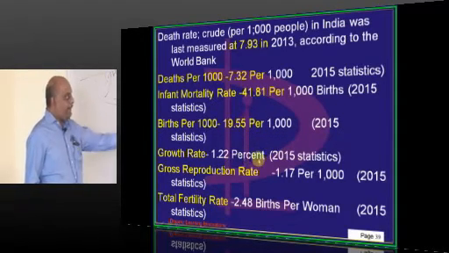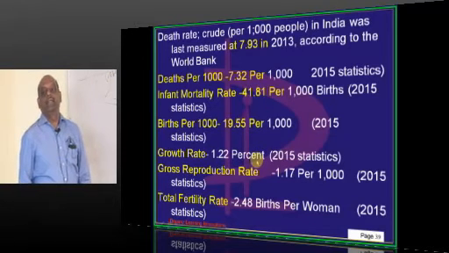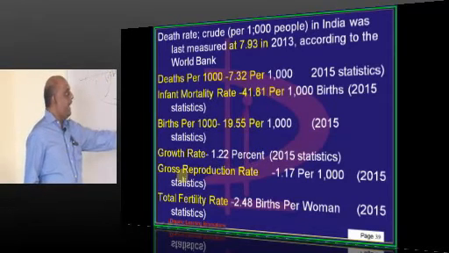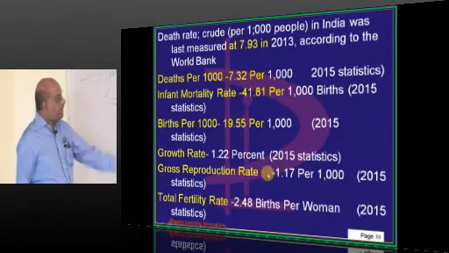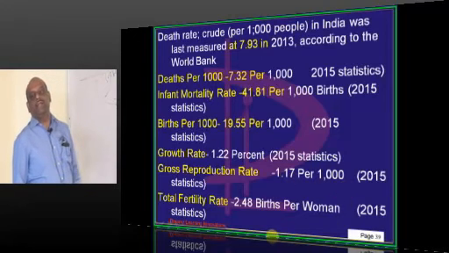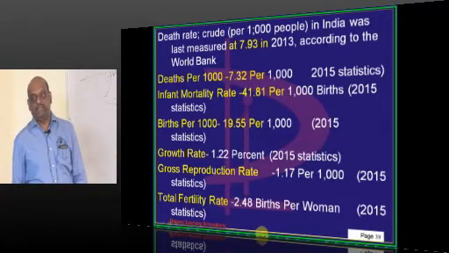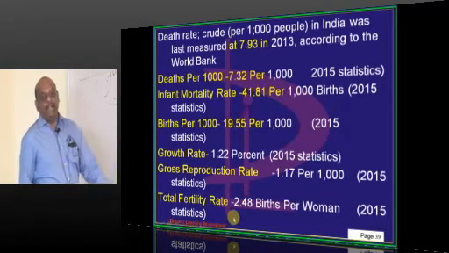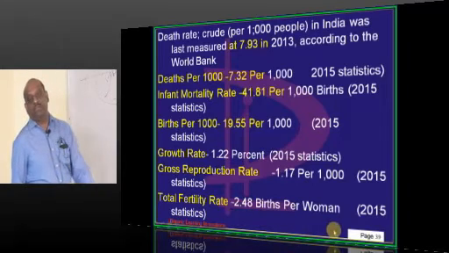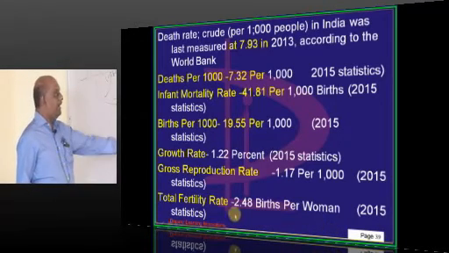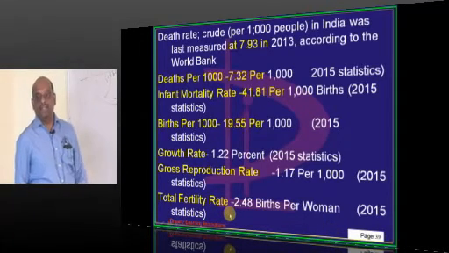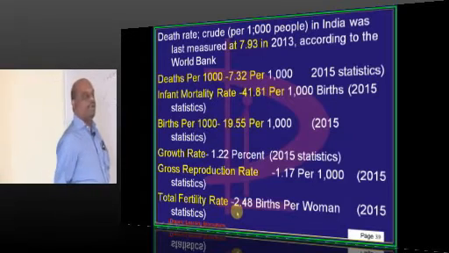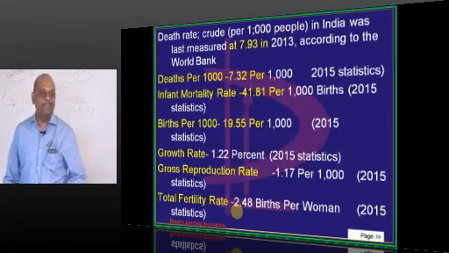Then growth rate is 1.22% is the present growth rate, and gross reproduction rate is 1.17 according to 2015 statistics. Then total fertility rate is 2.48 births per woman, 2015 statistics.